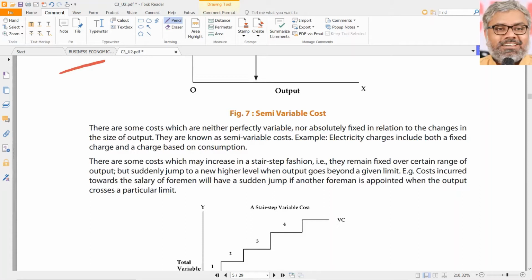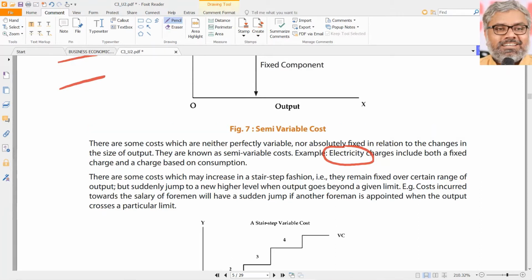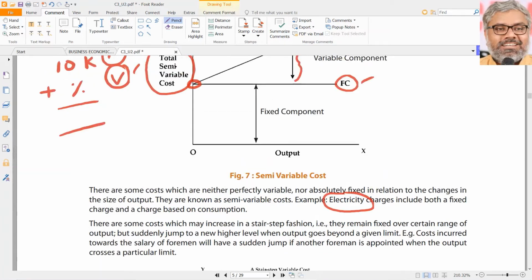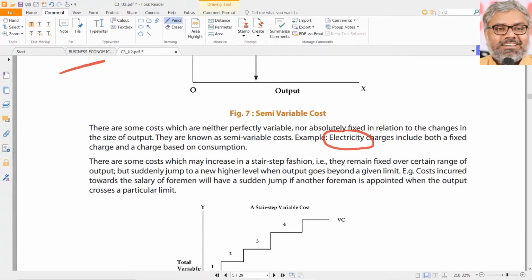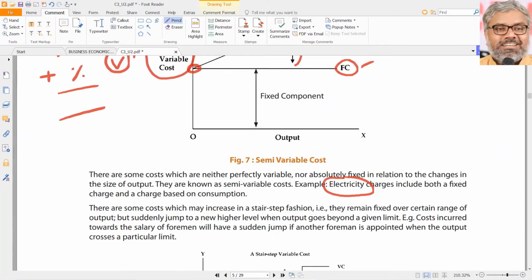Another example you can take, if you observe your electricity bill of your home also, there will be both a fixed charge and a charge based on consumption. Some amount will be fixed charges, 100, 200 rupees, whatever it is, fixed charges. That will not be impacted by your consumption. Whether you are in the house or not, whether you used or not, did not use, you have to pay that.